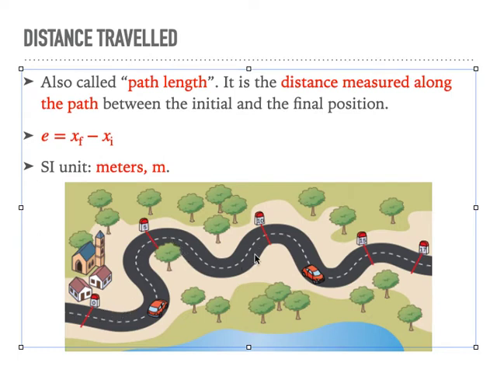So if we count how many kilometers or meters or whatever unit we want to use, that's the distance traveled, the path length. And of course, because it's a distance, the international system unit is meters, m, and well, that's it.